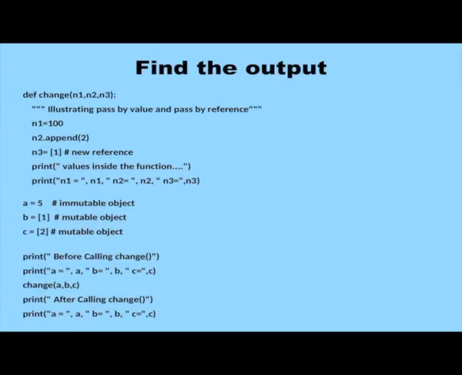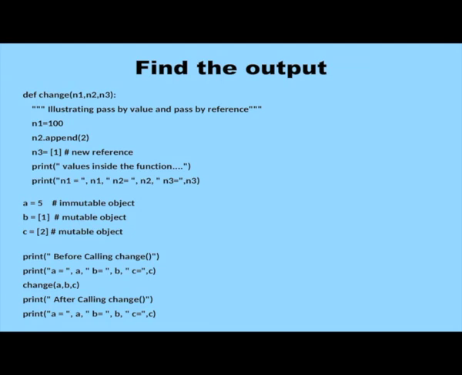Here in the calling script, we are passing three objects, one immutable and two mutable objects. Before calling the change function, we are printing the values of these three objects.